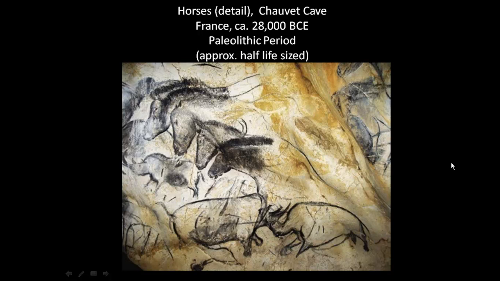So, so good. Now, one of the things about this is that the way they painted them indicated that these were pre-planned, that they didn't just cruise into a cave and paint something randomly. What indicates that they're pre-planned is that they conform to the contours of the cave.